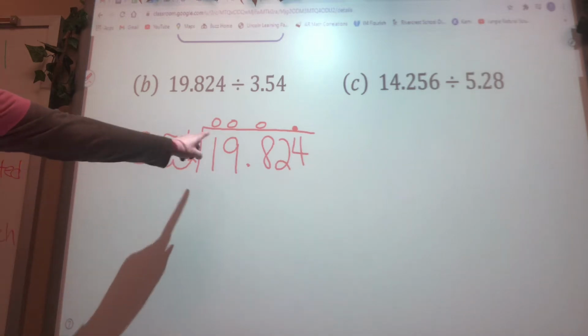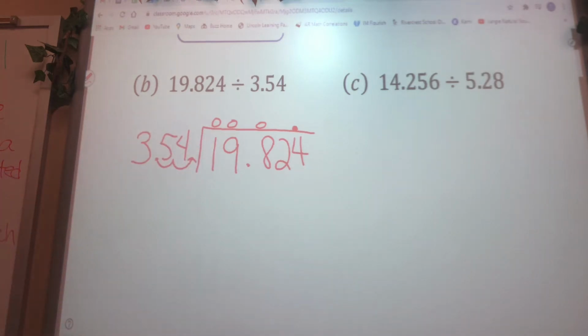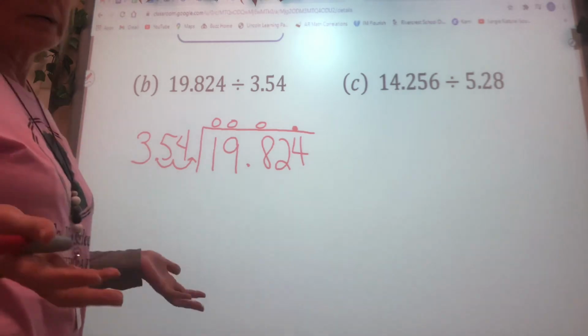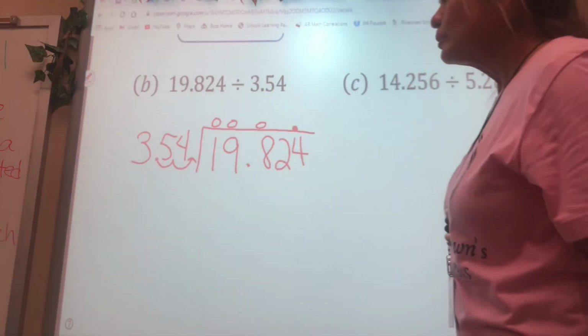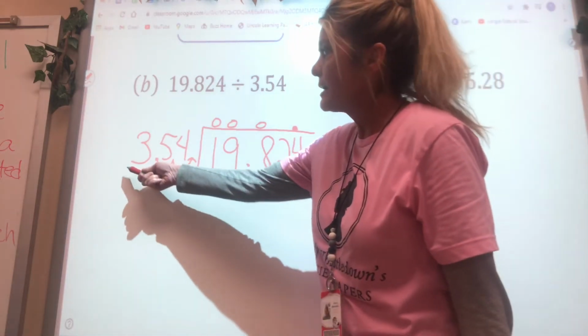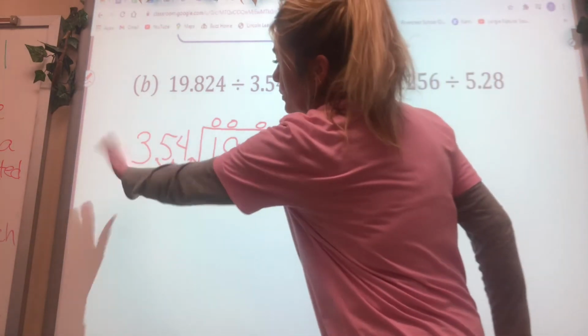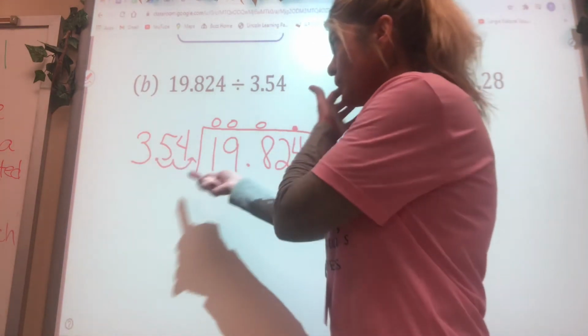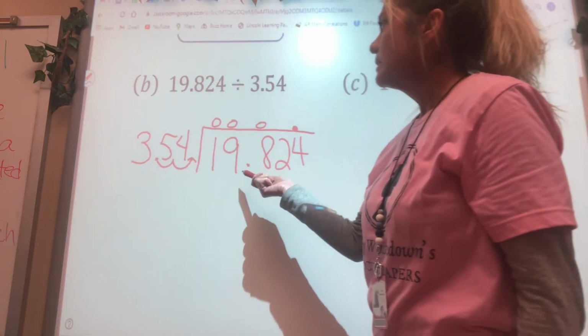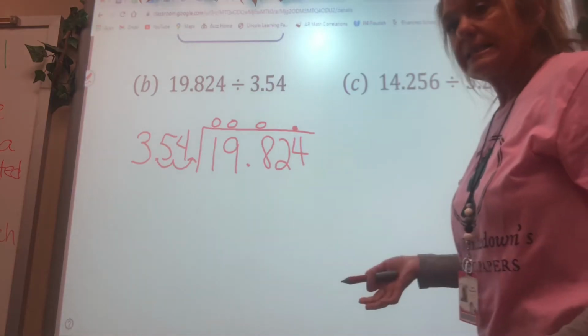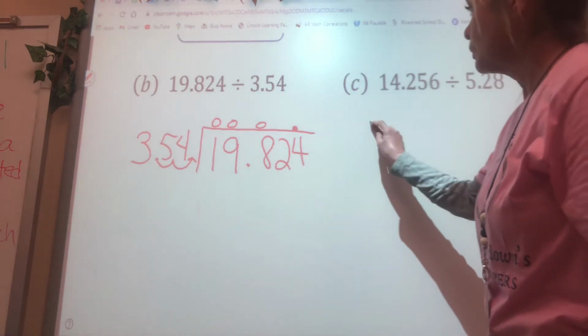But it will go into 1,982, but I have no idea how many times. So just to give me a starting place, I'm going to look at my far outside number over here. 3 won't go into 1, but it will go into 19. 3 will go into 19 6 times, so that gives me a starting point.